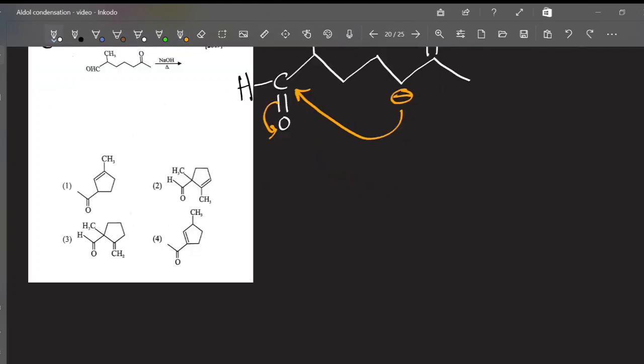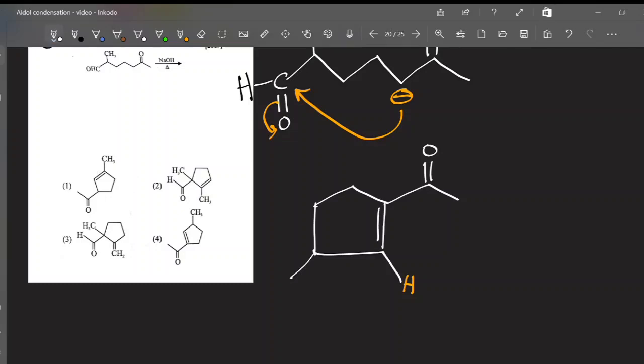So let us try to draw the same compound according to our convenience. This is the same compound I have drawn here. Now let us go with this particular enolate I am talking about. We are supposed to take out water, attach these groups, and take a double bond.